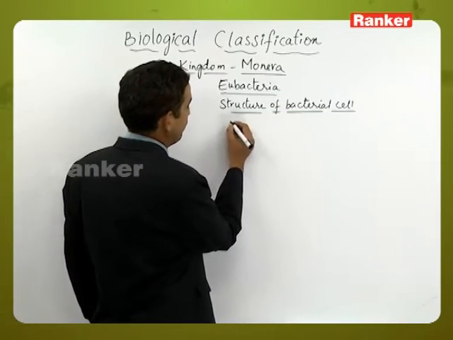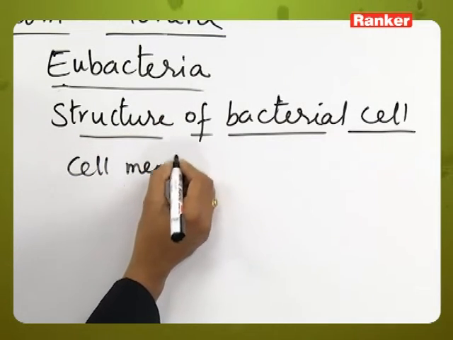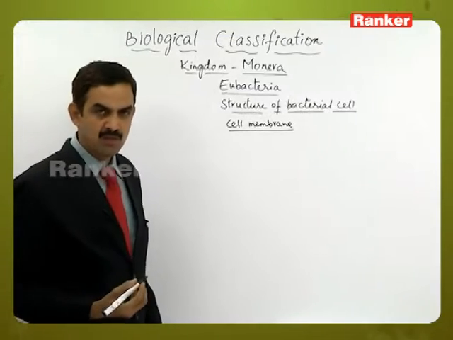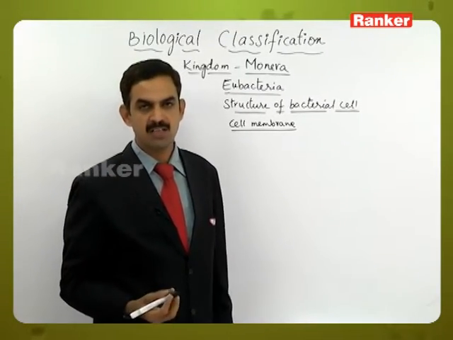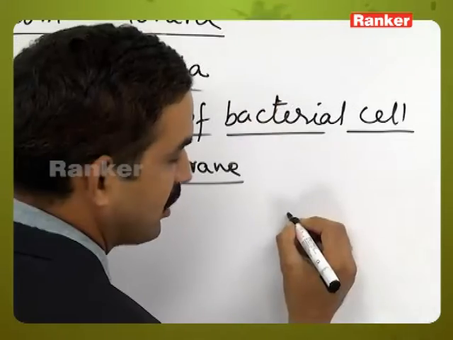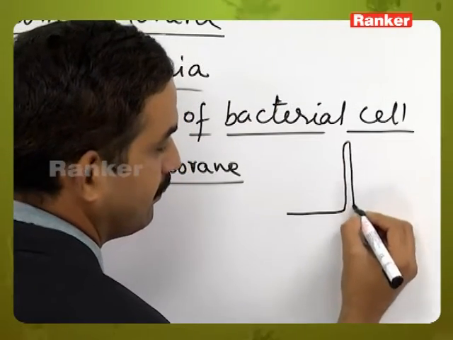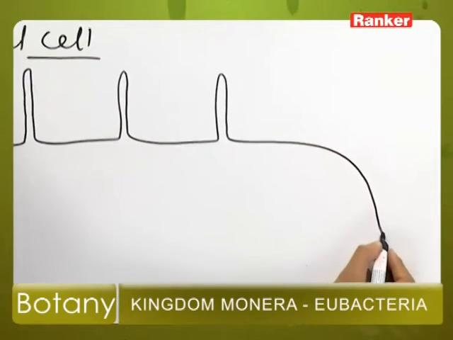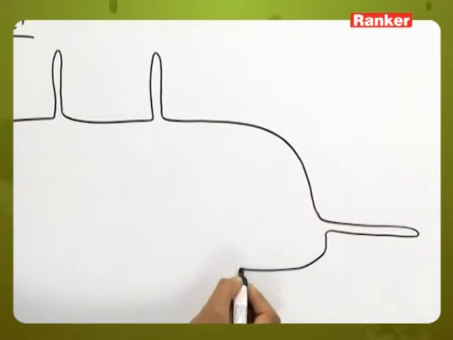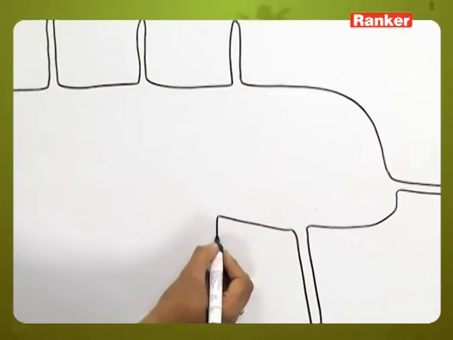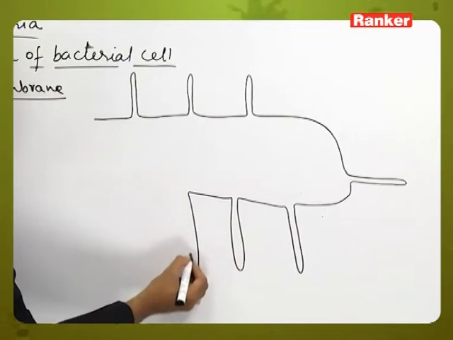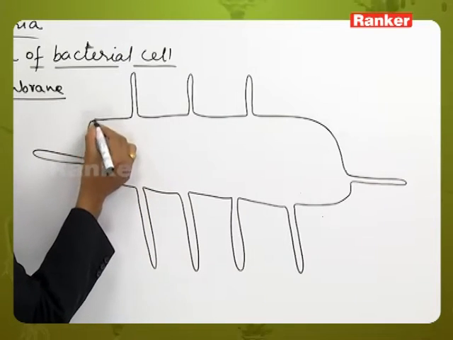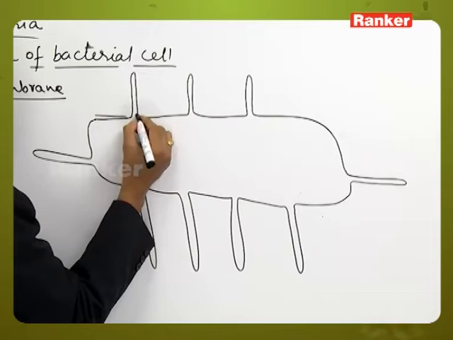So the next one is the cell membrane. The cell membrane is a structure which is present just below the cell wall. If you see the bacterial structure, this is the cell wall, which is present outside.